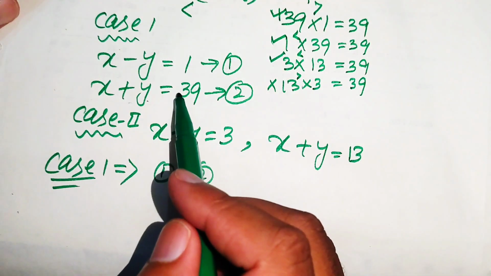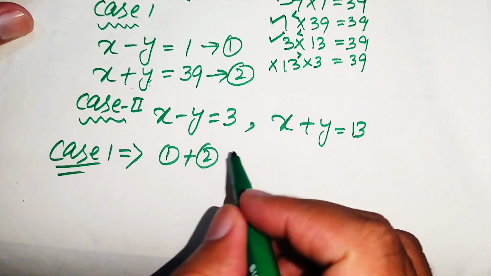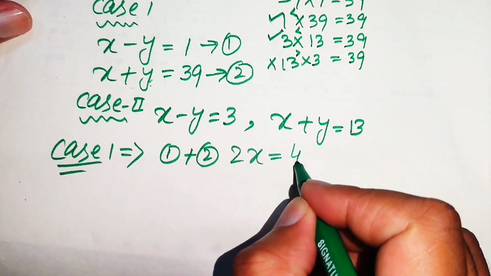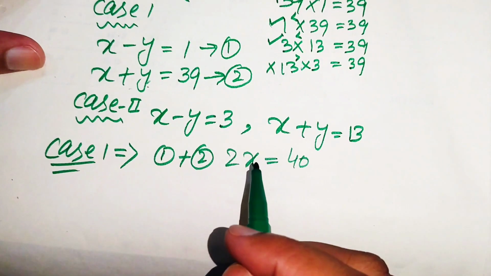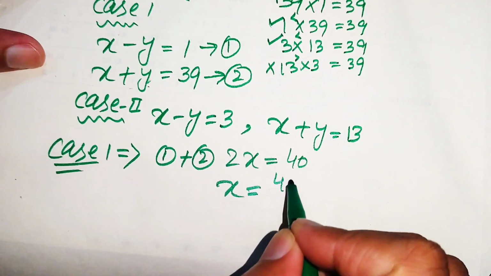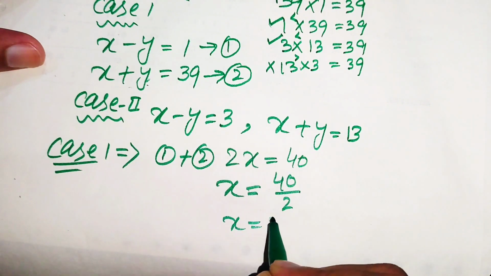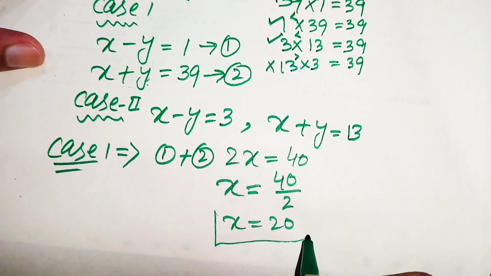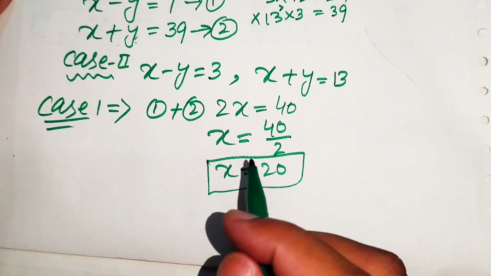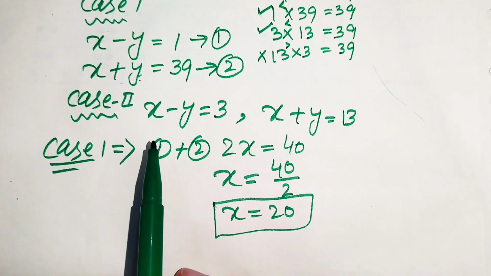Now we add equation 1 and equation 2. The −y and +y cancel each other, and we add x plus x, which is 2x, and 1 plus 39 equals 40. We divide by 2 and we get x = 40/2, so the value of x is 20. This is the first value of x, and after that we substitute it in equation 1 or equation 2, and we easily get the value of y.